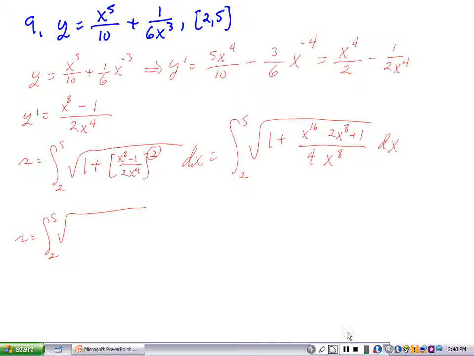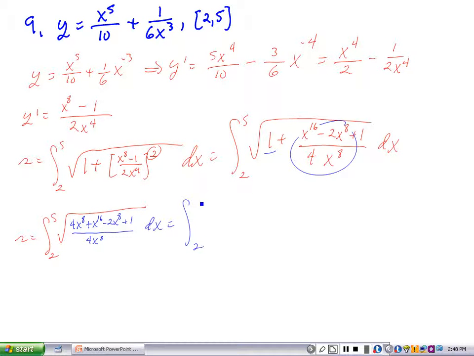I'm going to add these two fractions, add the 1 and add this guy together. So that 1 becomes 4x to the 8th divided by 4x to the 8th. So I get 4x to the 8 plus x to the 16th minus 2x to the 8th plus 1 all over 4x to the 8th dx.